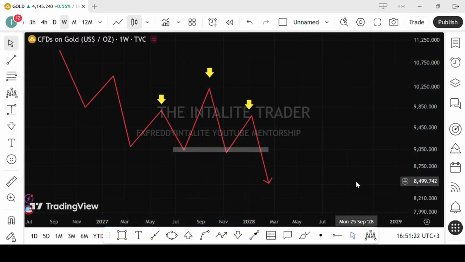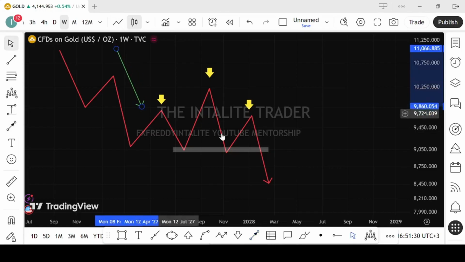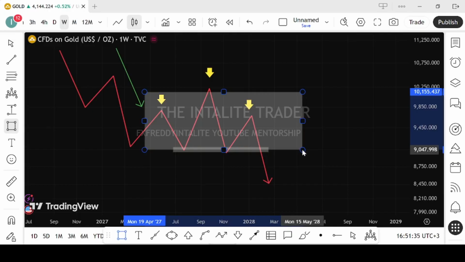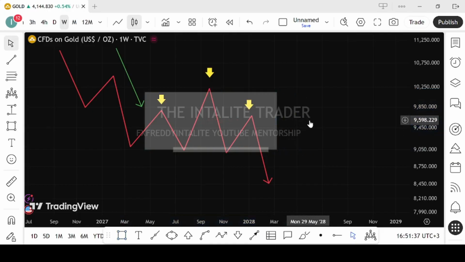If you remember our concepts of drop, base, drop, you have a drop and then price forms a base, it rests. I told you in that base you always look for any price action that tells you, because a base forms as a result of indecision, as a result of momentum loss.